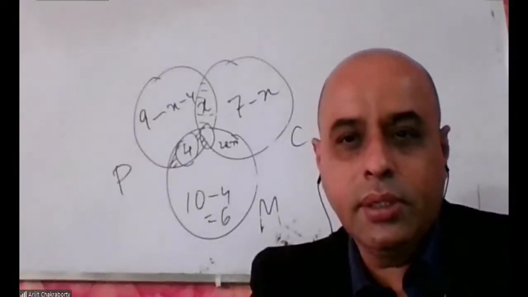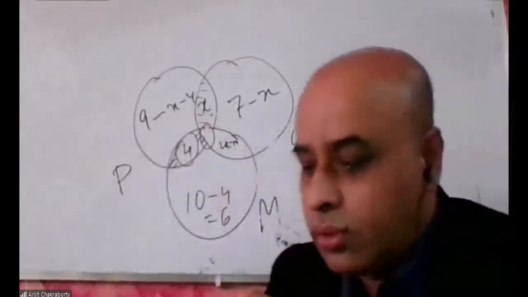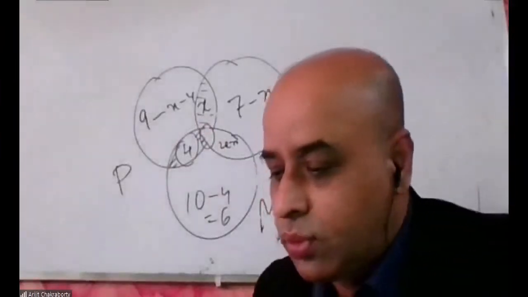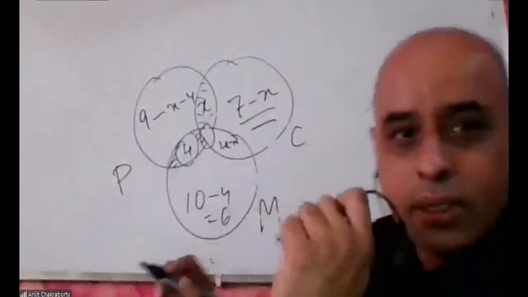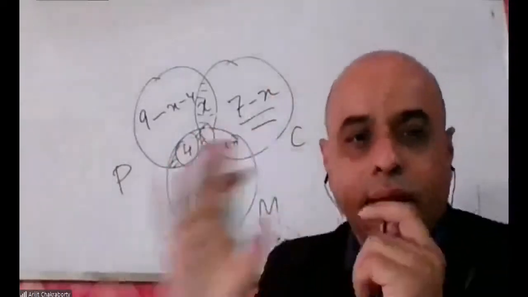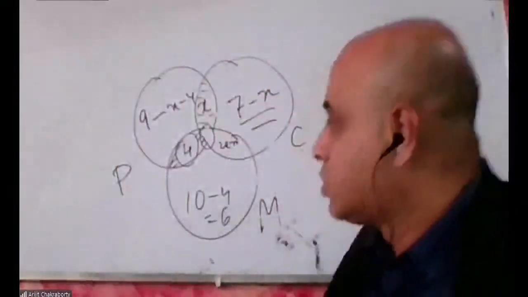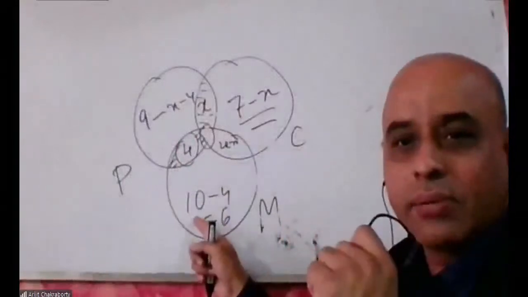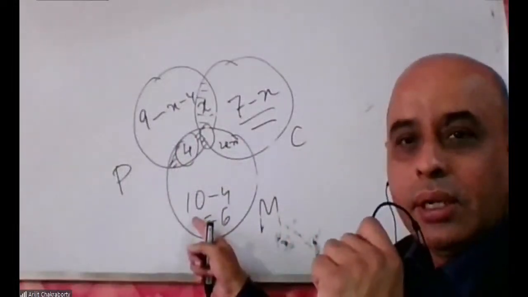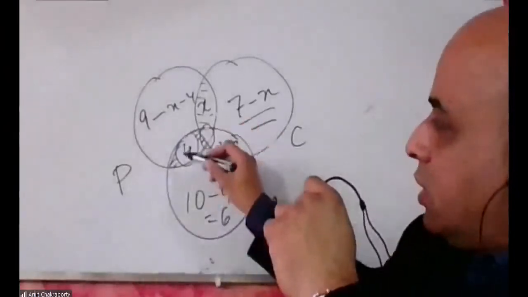Now comes the question. So the total number is 9 minus x minus 4, and here 7 minus x. Please see, I am explaining once again. Total 20 teachers in the school, 10 teach mathematics. So I have taken 10 teachers for mathematics. 4 are teaching mathematics and physics, so this common part is 4.